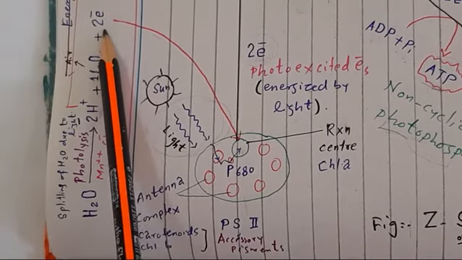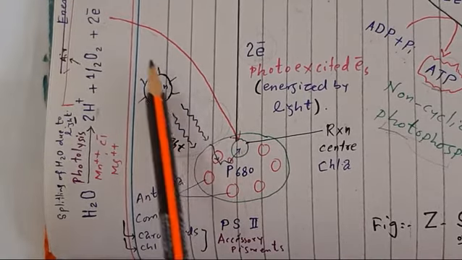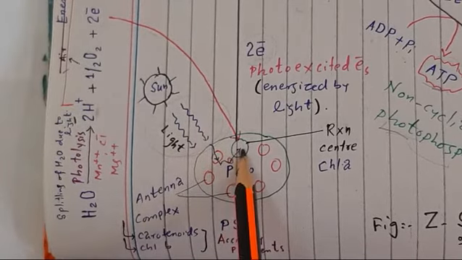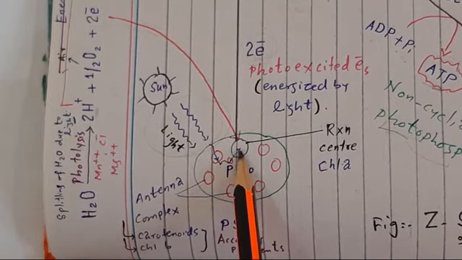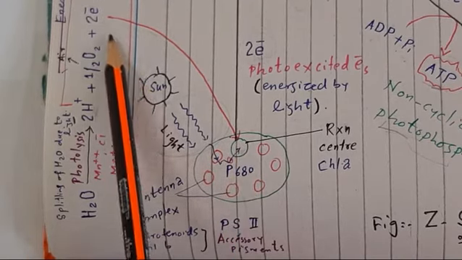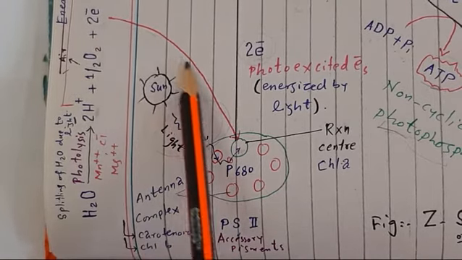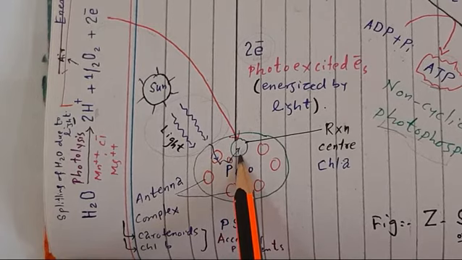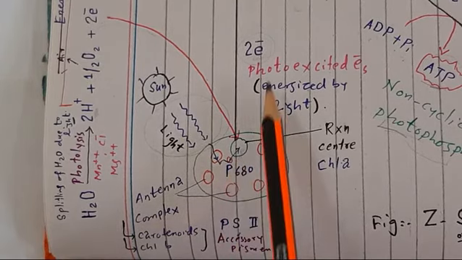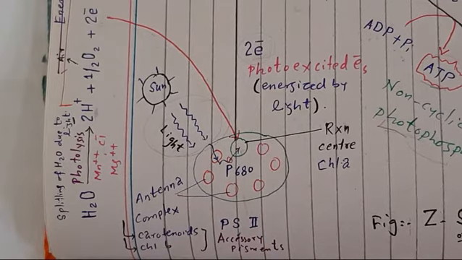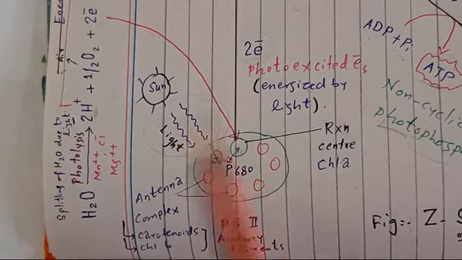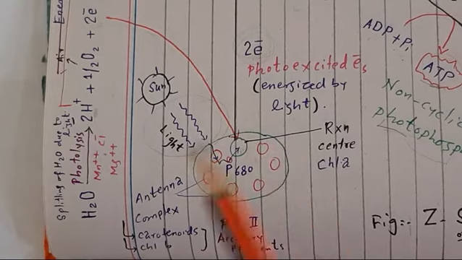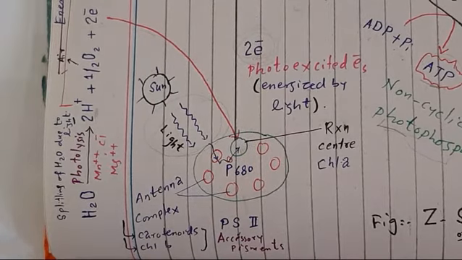So electrons from the water, look at this red arrow, are accepted by the positively charged chlorophyll molecule of photosystem 2, filling the gap produced by the two energized electrons.